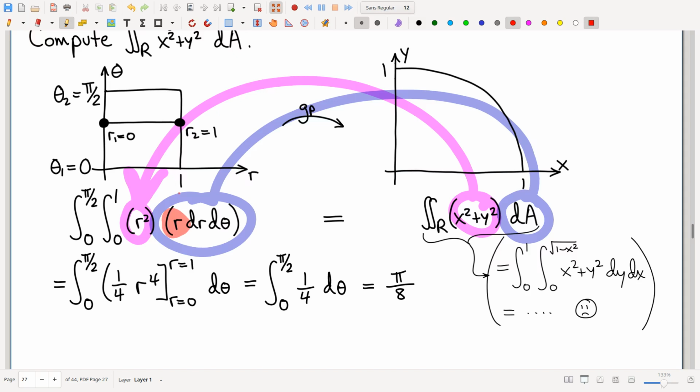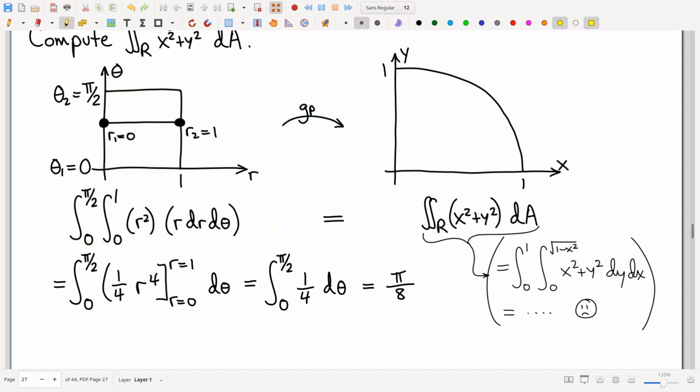Our new domain is this rectangle, as previously argued. That rectangle is pretty awesome in terms of bounds. Everybody loves rectangles. And we're in business. And by the way, look how easy this integral has become.